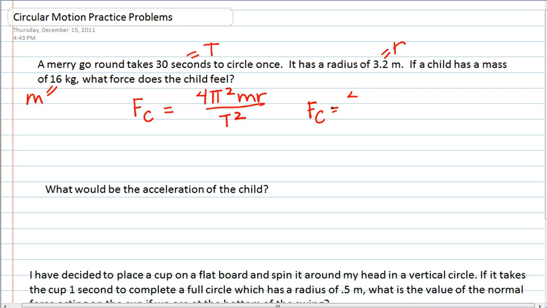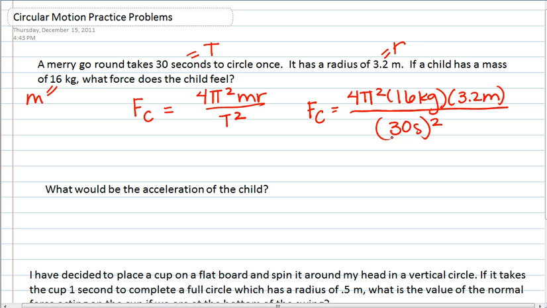Fc will equal 4 pi squared times 16 kg times my radius of 3.2 meters, all divided by 30 seconds squared.